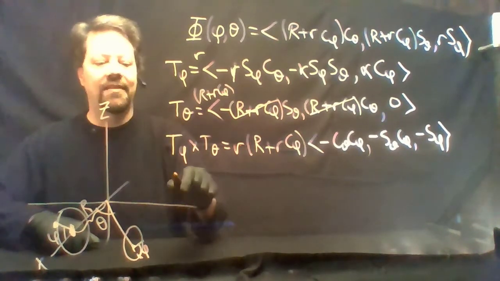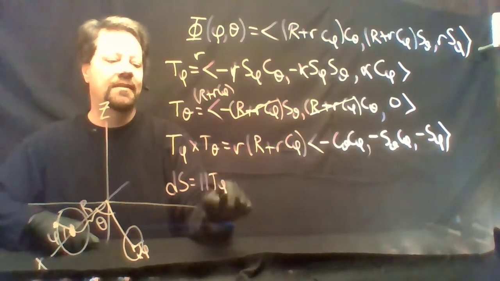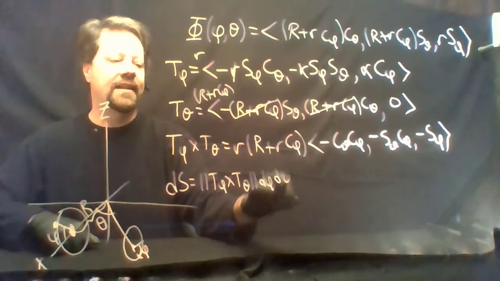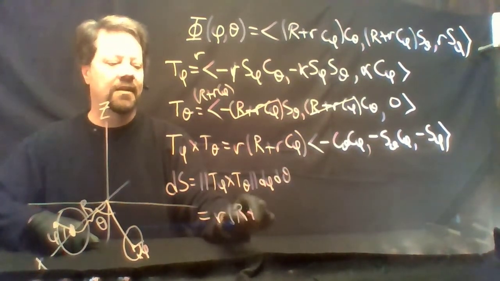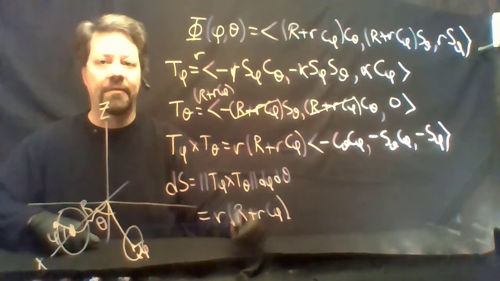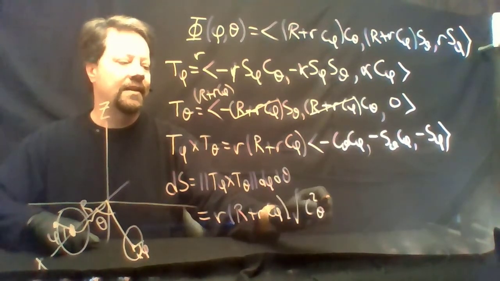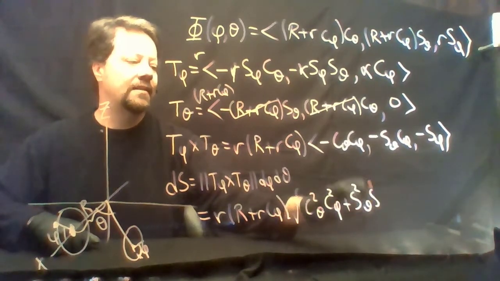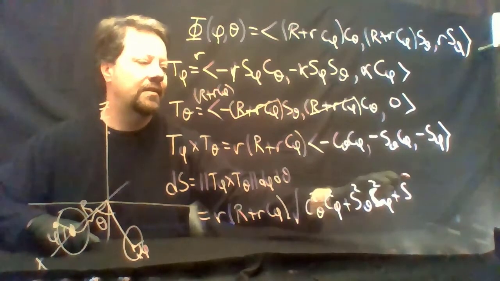To calculate then the surface element, that is of course the norm of t phi cross t theta, d phi d theta, and that will be little r, big R plus r cosine phi, and then the norm of what's left over, square root of cosine squared theta cosine squared phi plus sine squared theta cosine squared phi plus sine squared phi.